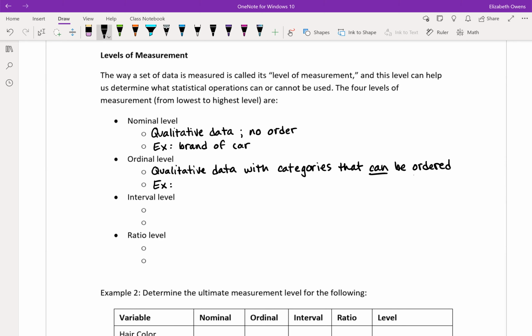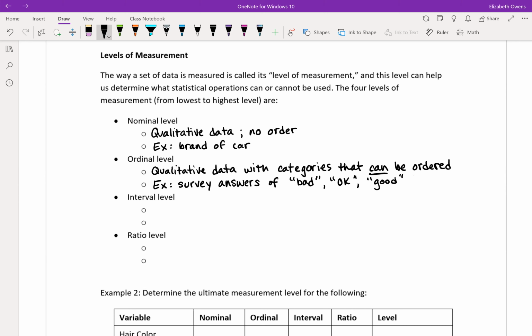So for an example here, a classic one at the ordinal level is satisfaction surveys. So survey answers of things like bad, in the middle, okay, and then good. Okay.